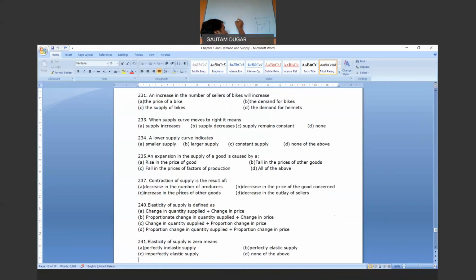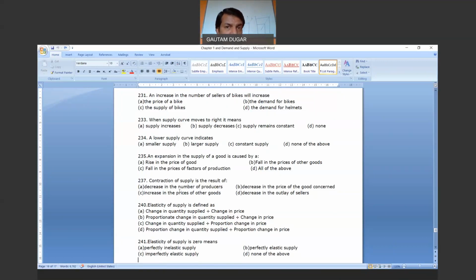And in this case, what happens? Only price is changing, other factors are constant. But if this was a supply curve, and if this is a new supply curve, at the same price level supply may increase, supply may decrease. That is called change in supply. Shift of supply curve.